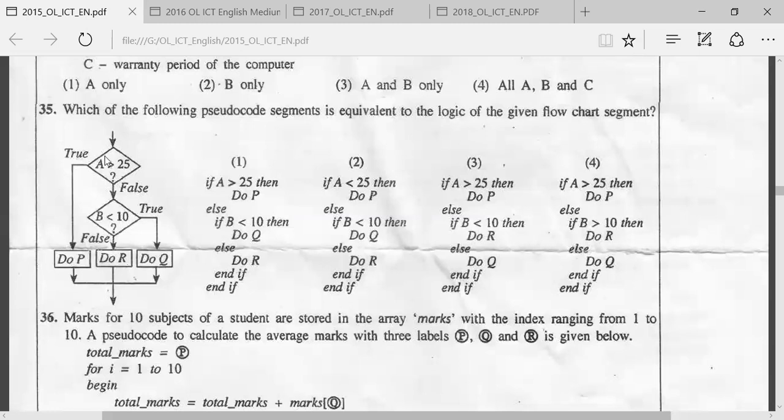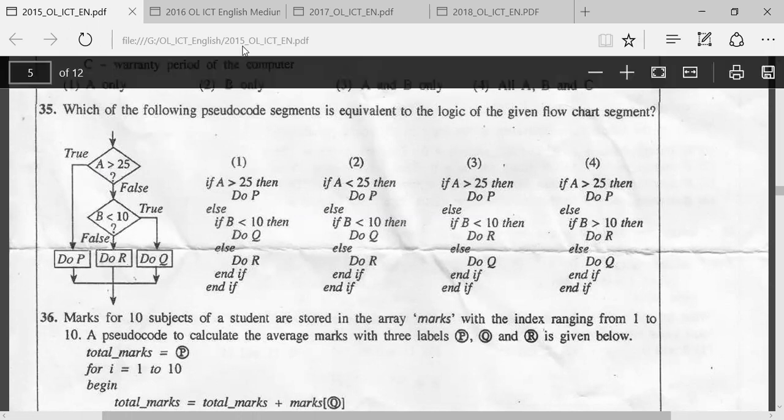When you observe the flowchart segment, initially there's a condition being checked, a greater than 25, right?